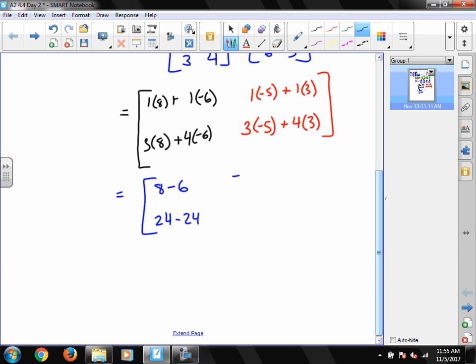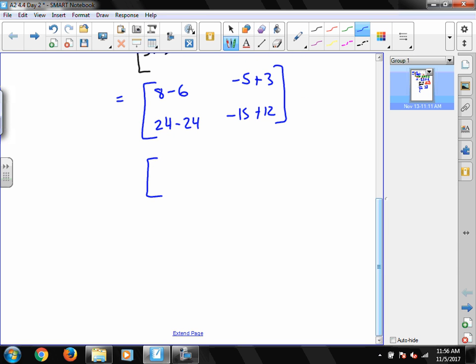Top right, I'm going to get negative 5 plus 3 and negative 15 plus 12. And my final answer is going to be 2, negative 2, 0, negative 3. And there is what X is equal to.